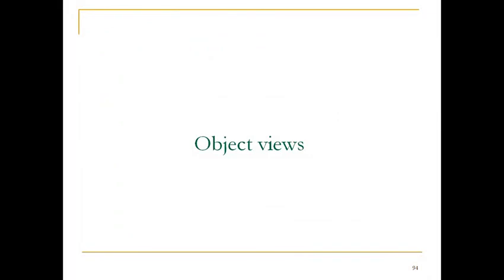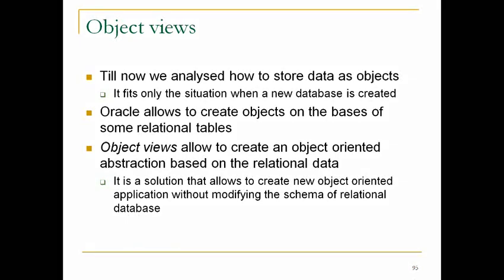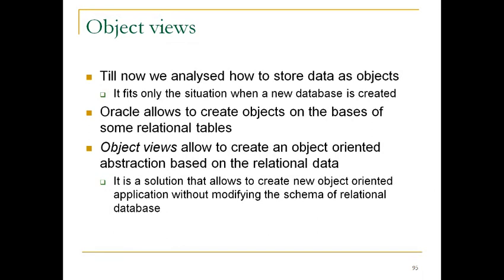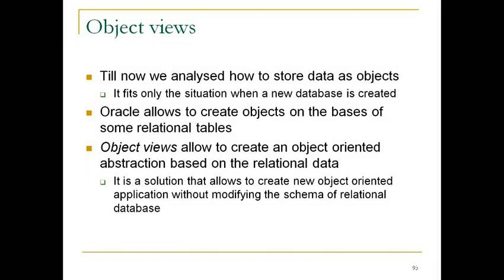And the very last thing I want to tell you about is the so-called object views. What does it mean? I explained last week what a view is, and now what an object view is, and what the idea is. Till now we analyzed how to create a new relational object database, and how to store whole objects into the database. But it only fits the situation when we are creating a new database.